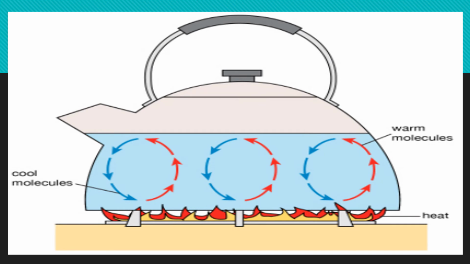Let's see another example. Here we are actually heating up a liquid. In this we can see the heat is getting transferred from this burner to the bottom of the pan, isn't it? So the liquid lying at the bottom of the pan will get heated up and its density becomes lower.